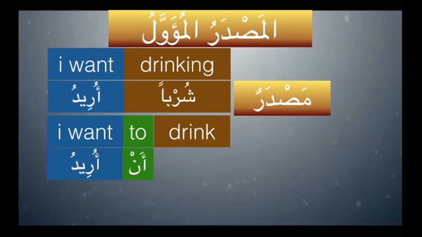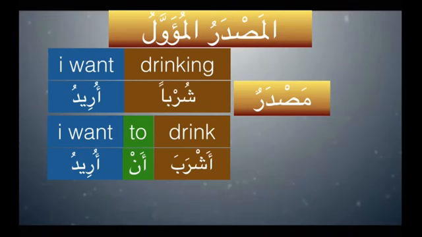The difference between English and Arabic is that we use a generic word like drink in English, whereas in Arabic it's very specific. For example, if you say I want to drink in Arabic, uridu means I want, an is to. So instead of drink, it will be ashraba. So what is ashraba?